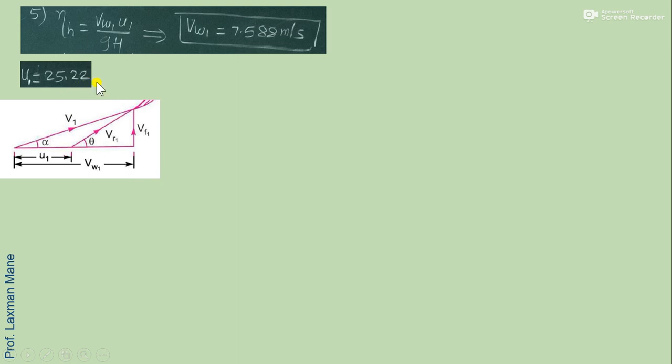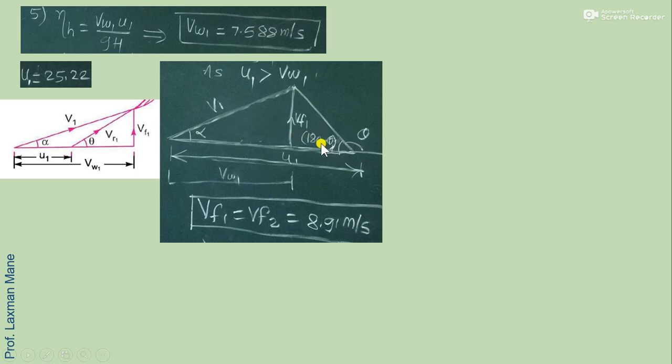That's why we have to use another triangle, that is what? Modified triangle. This modified triangle can be drawn in this way. This Vr1 vector, which is on the left side inside the triangle, goes to the right side, and because of that the value of theta is greater than 90 degrees, so it becomes an obtuse angle.